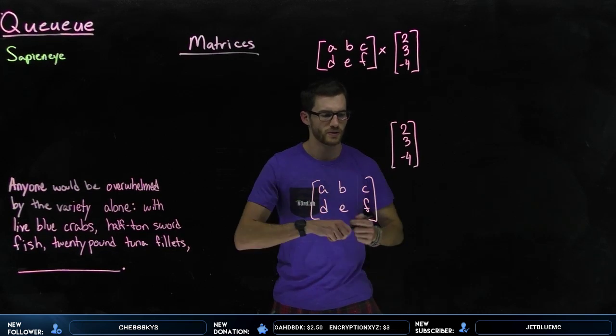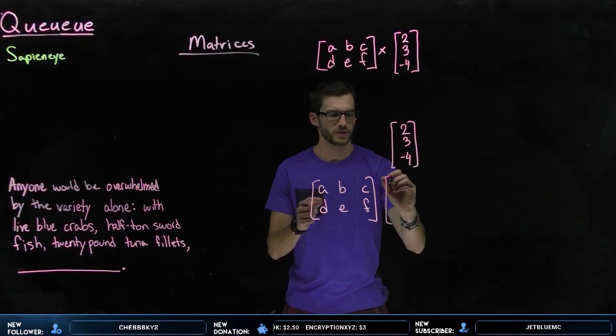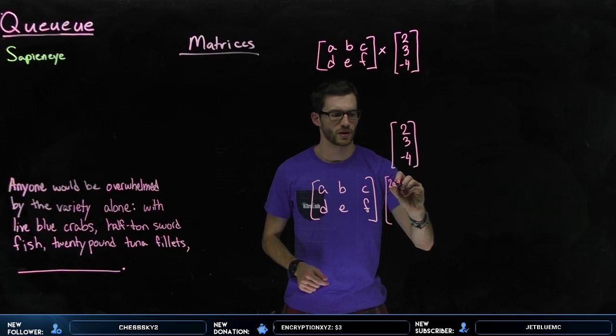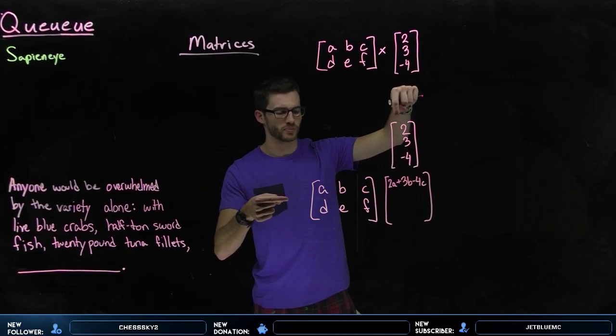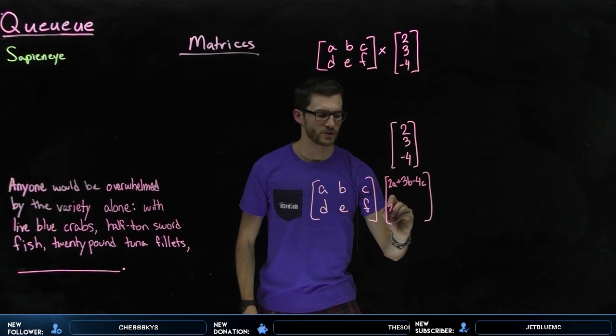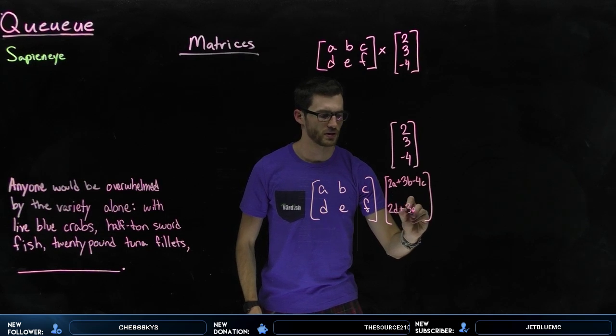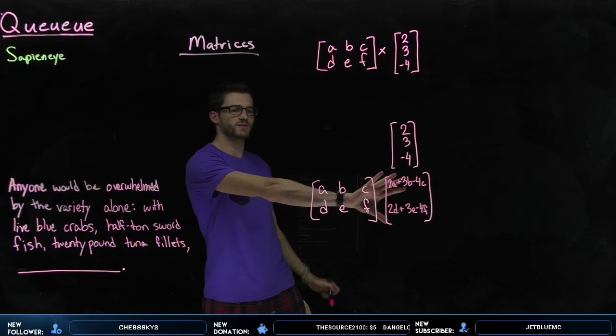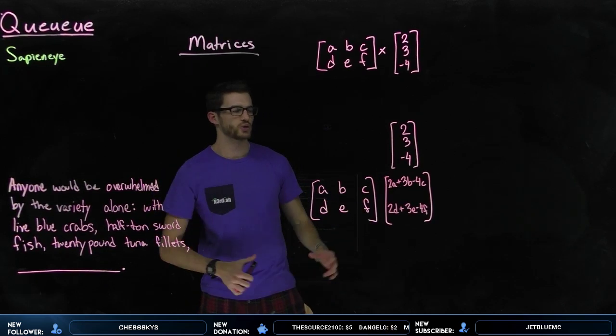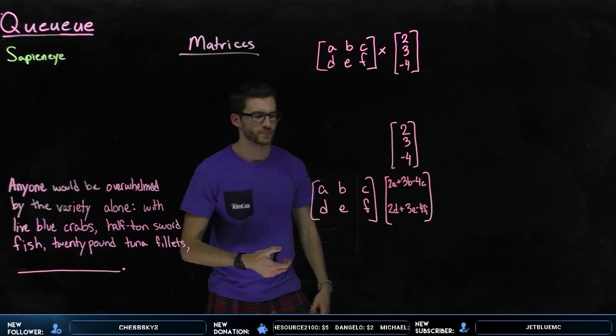It'll be 2A plus 3B minus 4C. That's all one thing. And then the bottom one will be the same thing, so it'll be 2D plus 3E minus 4F. Okay? I like this visualization technique because you don't have to work as hard doing it.